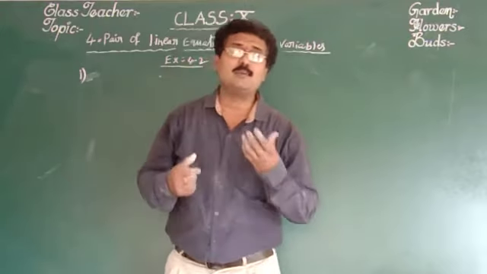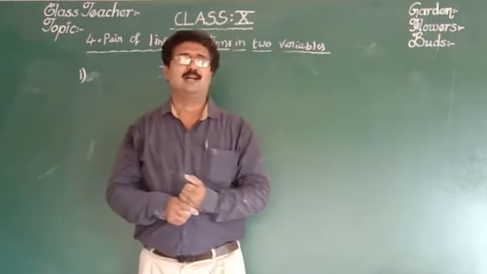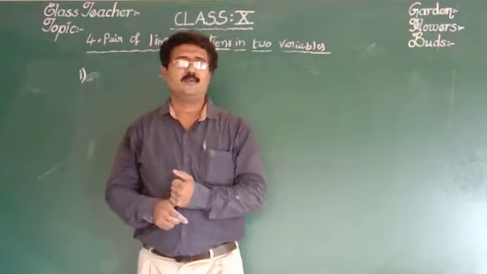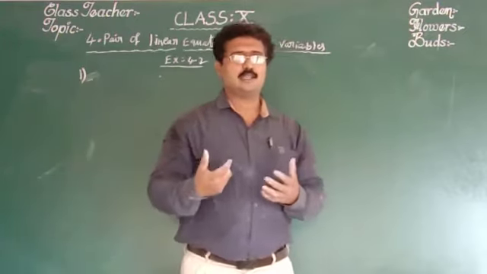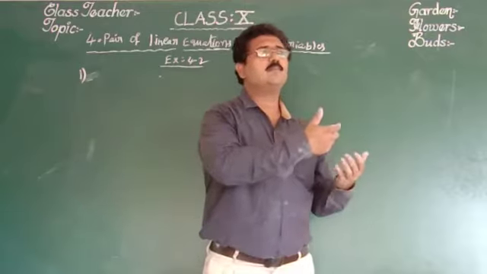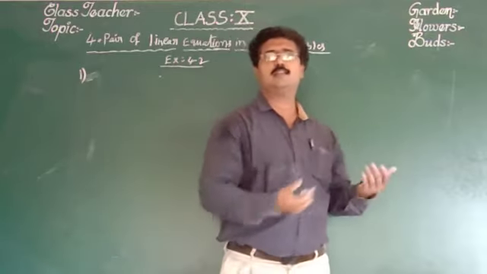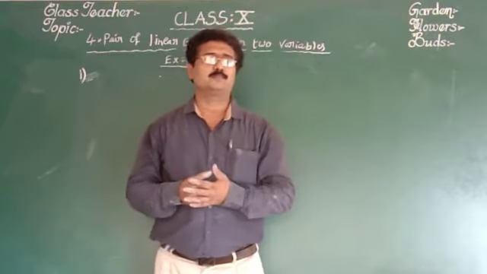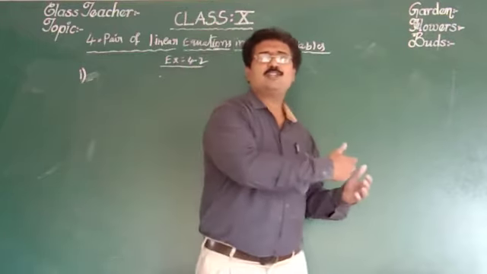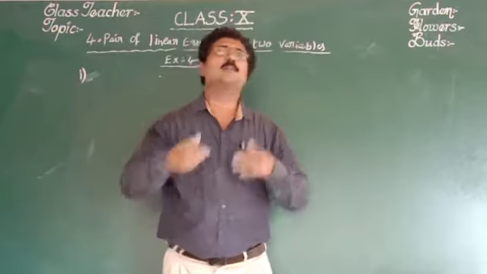So what is meant by saving? Suppose your income for exactly one month is nearly 60,000 or 70,000. In that income, expenditure is some 20,000 or 30,000 or maybe 40,000.